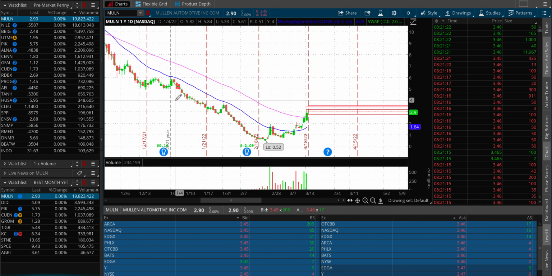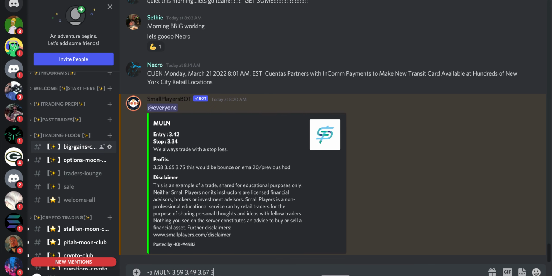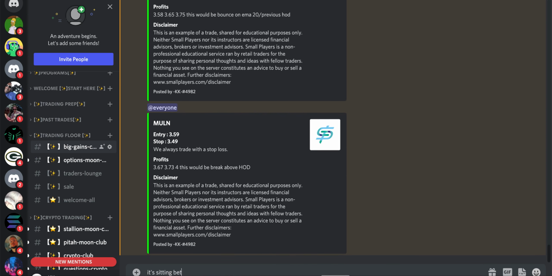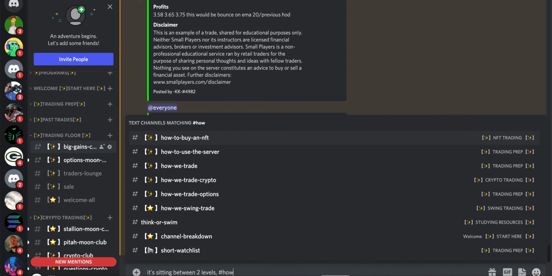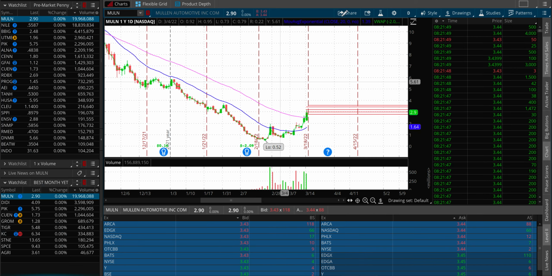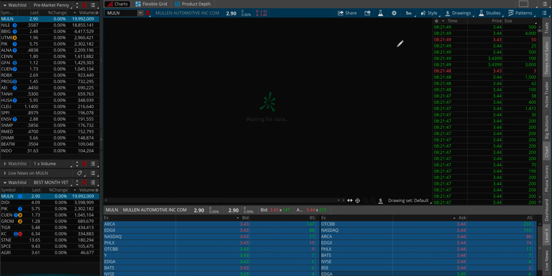And then here, 4. Okay, and this is the second trade plan. Okay, so those are the 2 possibilities from MULN.